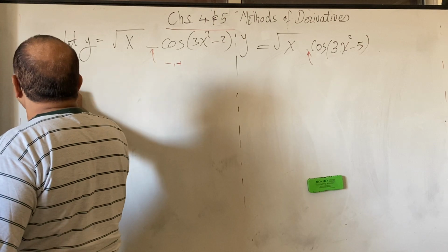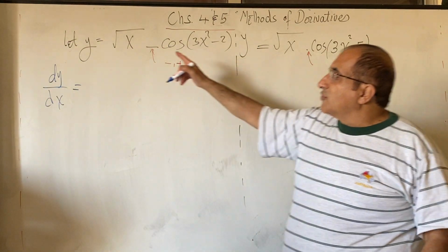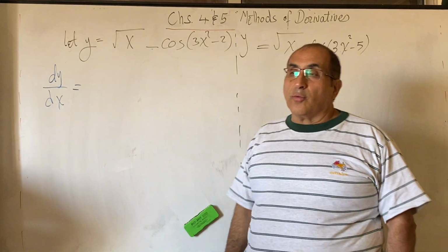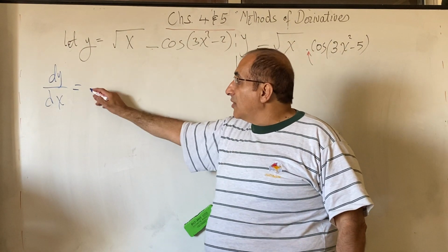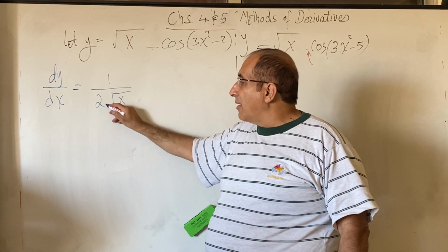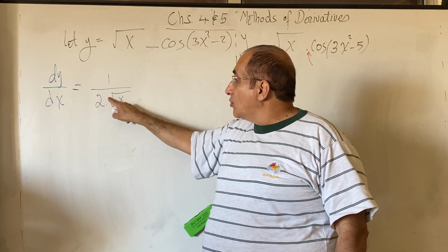The derivative of this: what's the derivative of square root of x? You all know, and I went and deduced it for you. It's better if you remember the derivative is 1 over 2 times square root of x.